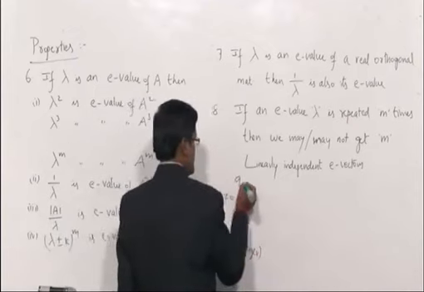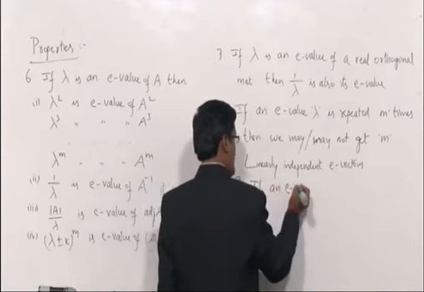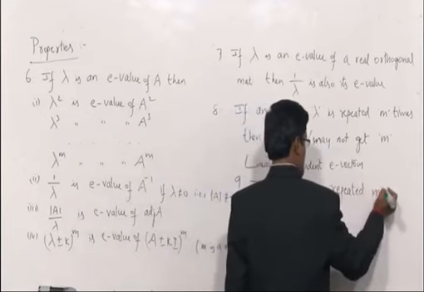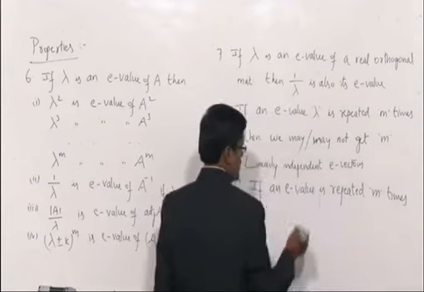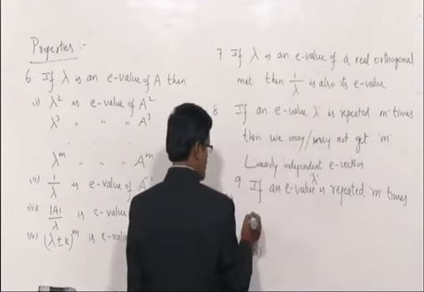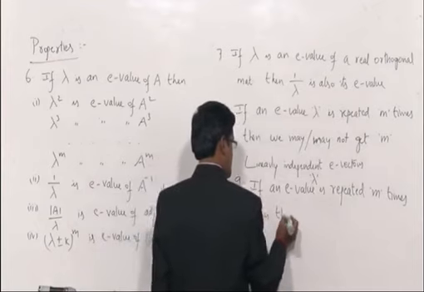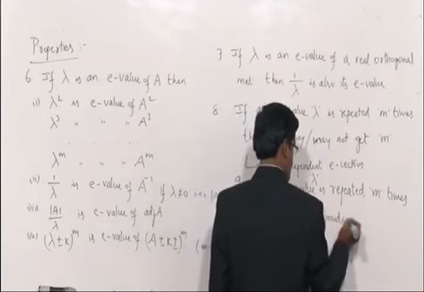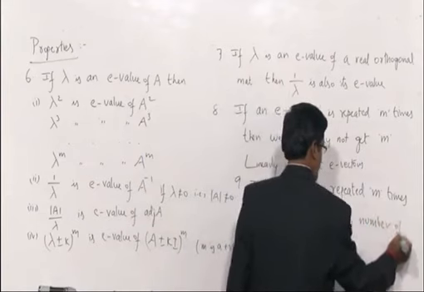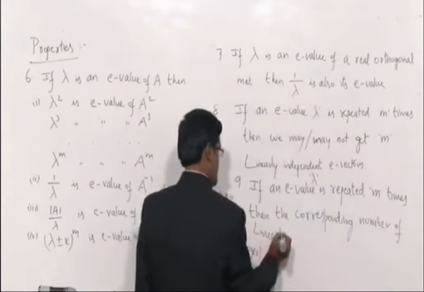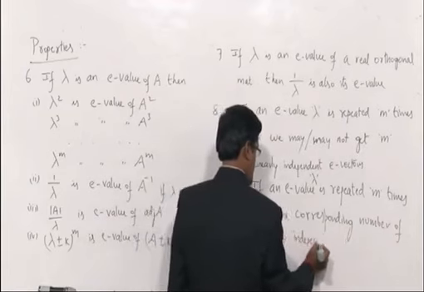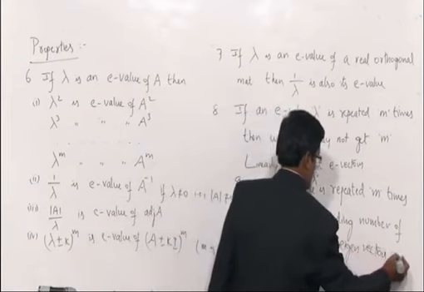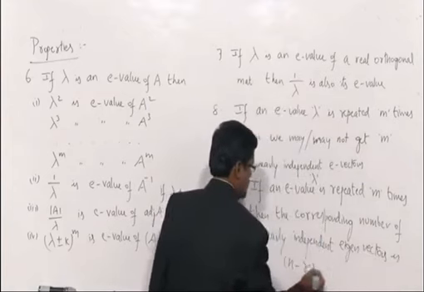Okay. Next, if an E value is repeated m times, if an eigenvalue lambda is repeated m times, then the corresponding number of linearly independent eigenvectors is n minus r, which I already showed you.